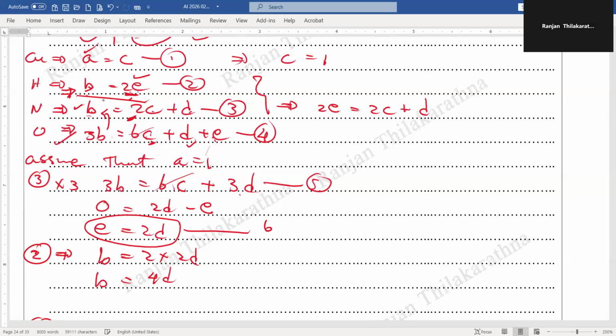So I will get it as 6 and 7. From 6 and 7, instead of that 2E, I can put 2 times 2D equals 2C plus D. C equals 1. Therefore, 2 into 1 plus D.